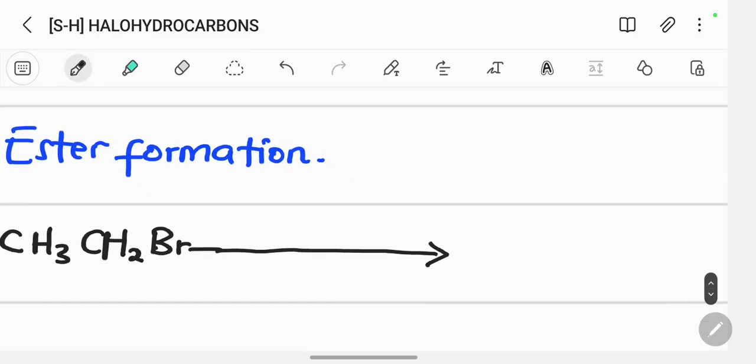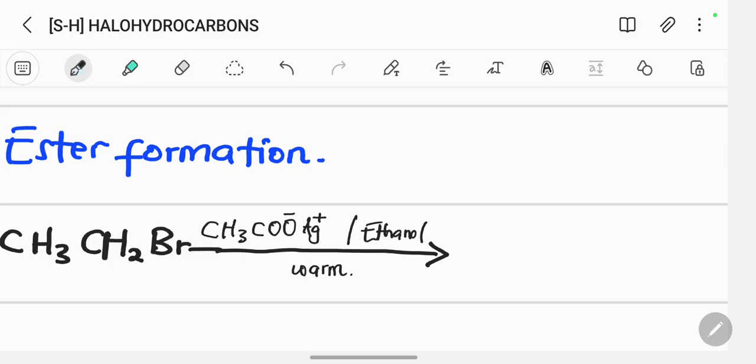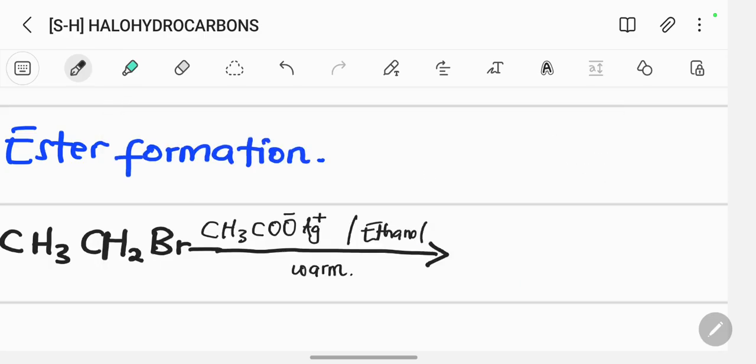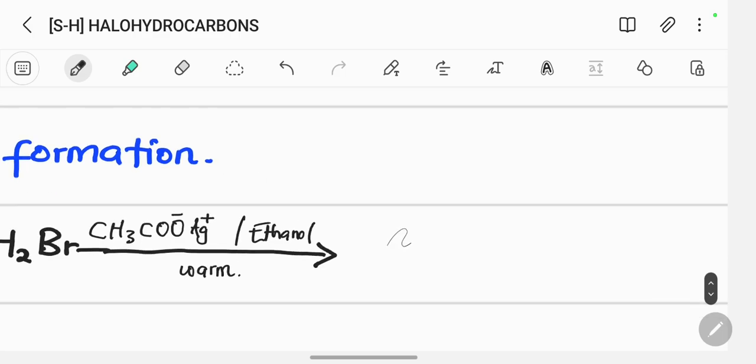So you can always have this, maybe I'm trying to form an ester, CH3C minus silver. So this is silver ethanoate, and you want silver ethanoate. What do you end up with?